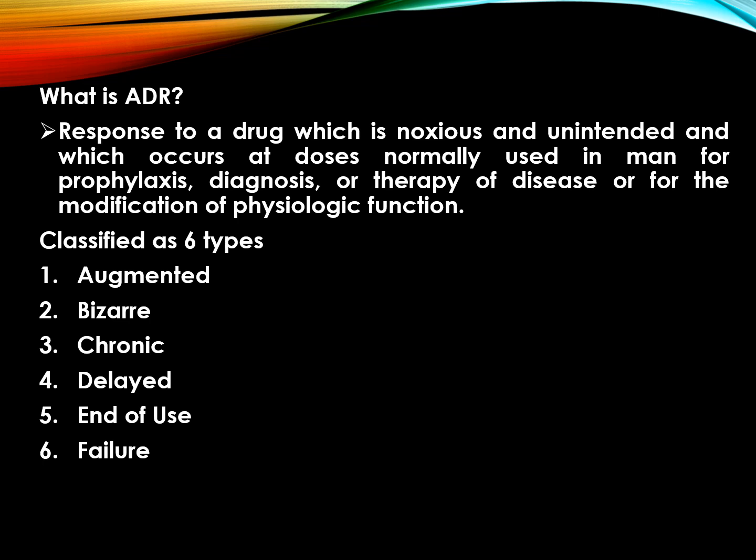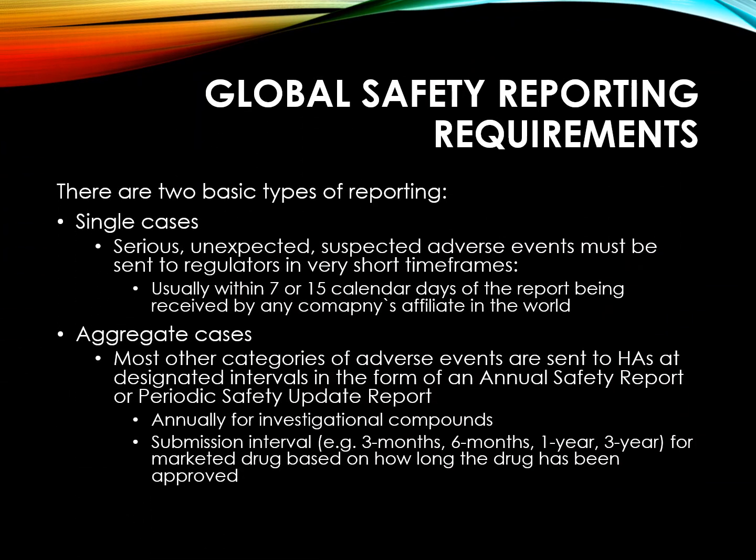Coming to the next slide, that is global safety reporting requirements. Generally, there are two types of reporting, classified as single cases and aggregate cases. In single cases, we can usually report within 7 to 15 days in case of serious, unexpected, suspected adverse events.